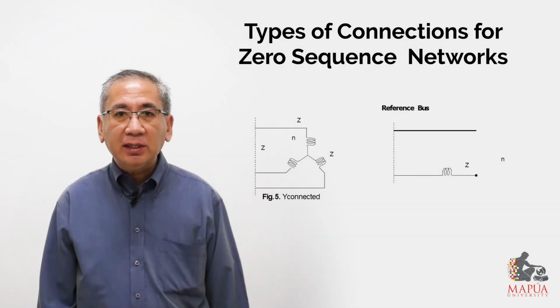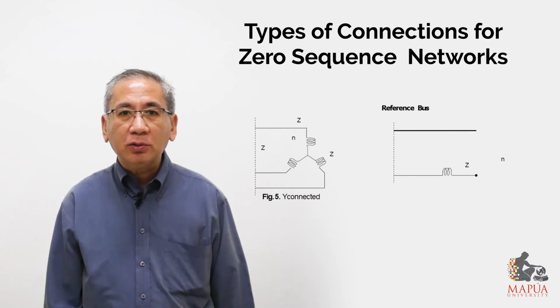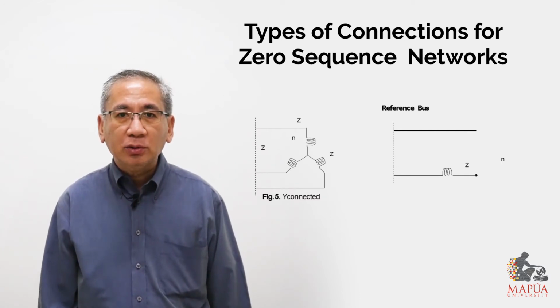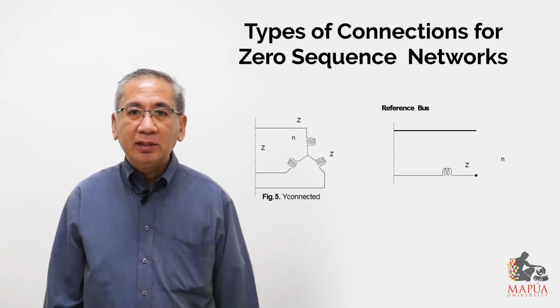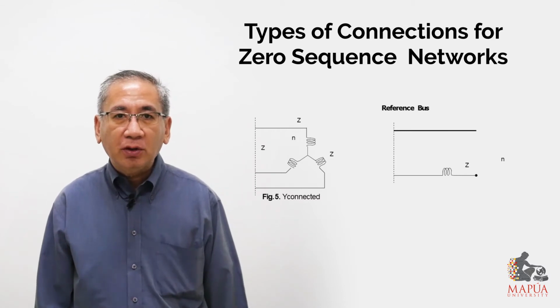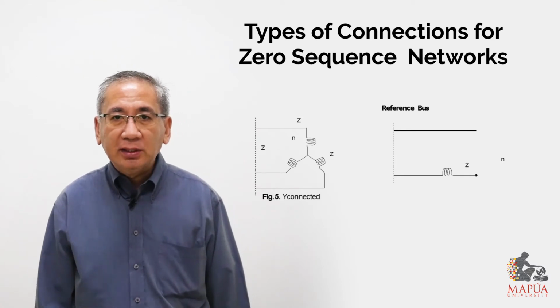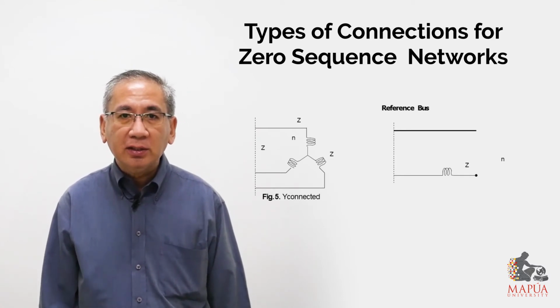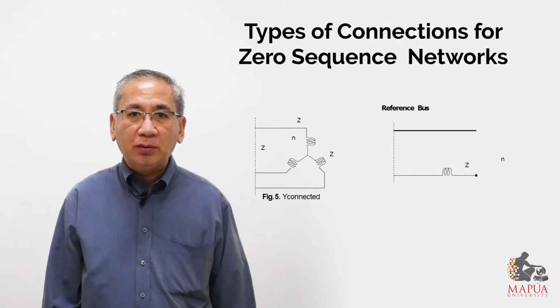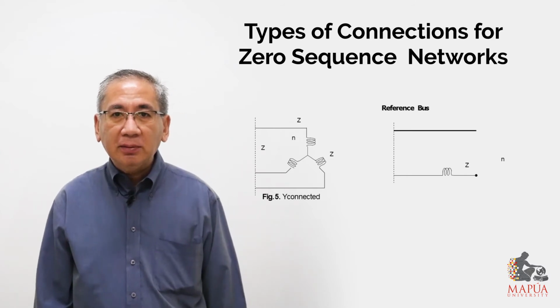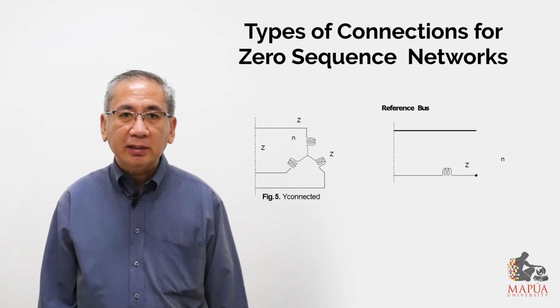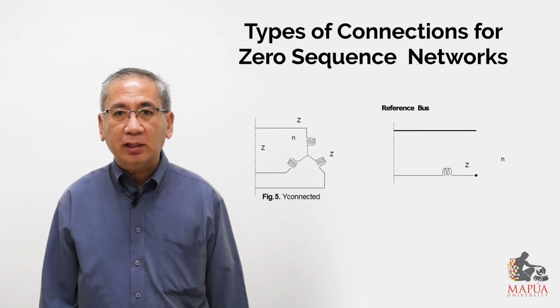Now, if a circuit is Y connected with no connection from the neutral to ground or to another neutral point in the circuit, the sum of the currents flowing into the neutral in the three phases is zero. Since currents whose sum is zero have no zero sequence components, the impedance to zero sequence current is infinite beyond the neutral point.